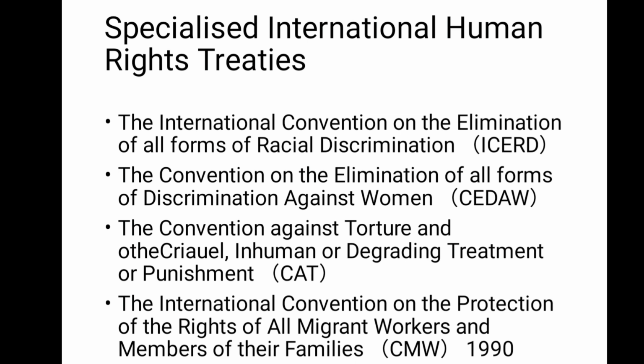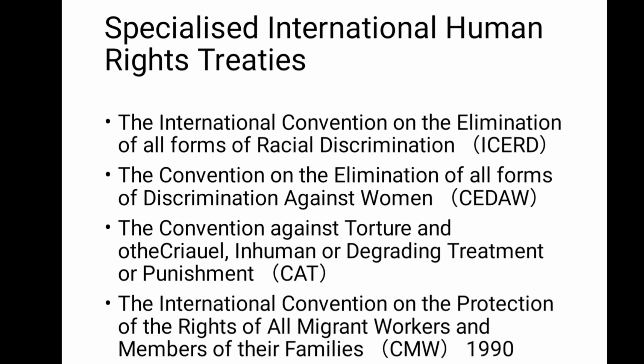Okay. So aside from that, this convention prohibits discrimination in the enjoyment of the rights contained in it. All right. So it provides for the rights of all migrant workers, irrespective of their migration status, and additional rights which are provided for properly documented migrant workers and their families.